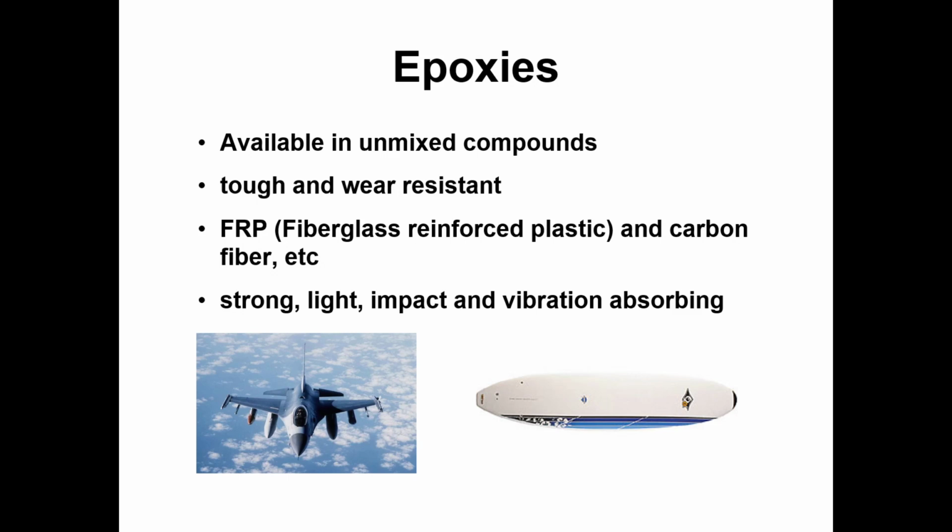Or you could take carbon fiber cloth and soak it with the plastic. The difference between FRP and carbon fiber is just the cloth: one is fiberglass and the other is carbon fiber. These have certain properties. Among them, they're very light and very impact and vibration absorbing. So they're used in some parts of airplanes that don't get very hot.